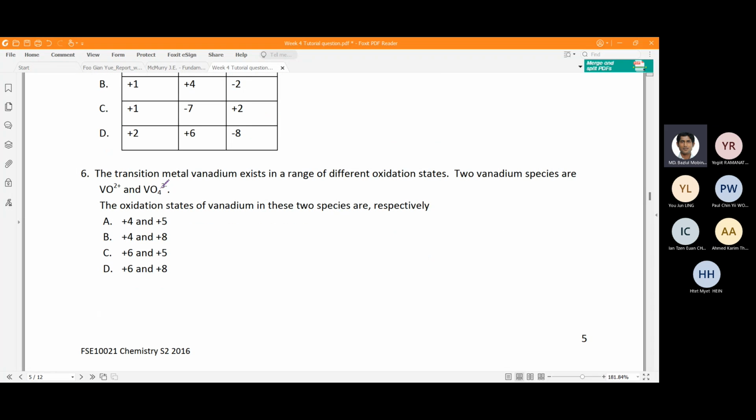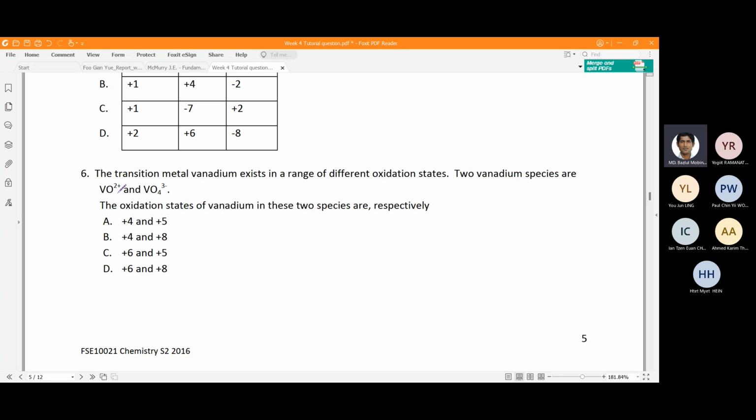The transition element, metal vanadium, exists in a range of different oxidation states. Two vanadium species are vanadium oxide and vanadium tetroxide. What is the oxidation state of these species?